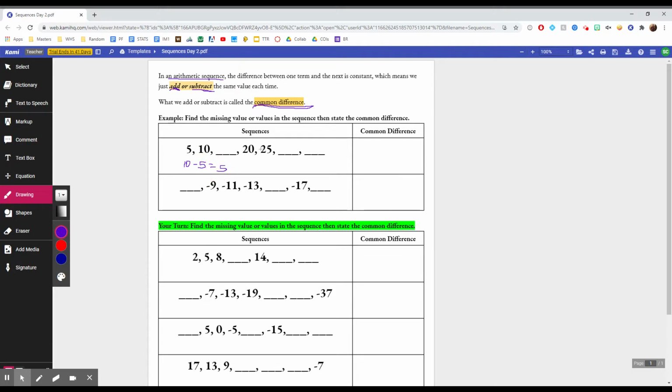Now, let's see if the same thing happens between these two terms, the 25 and the 20. So 25 minus 20 gives me 5. That means that our common difference is 5, since we have the same number in both cases.